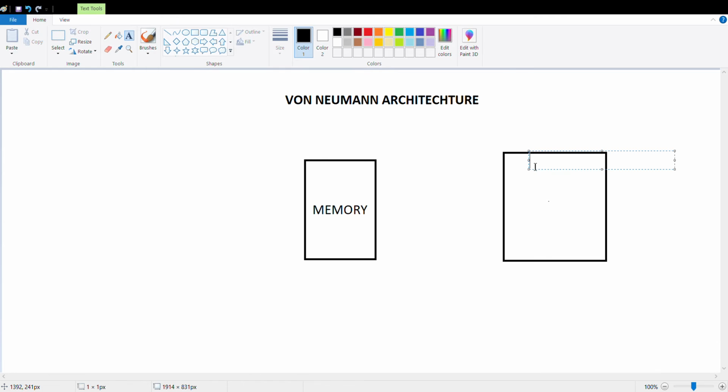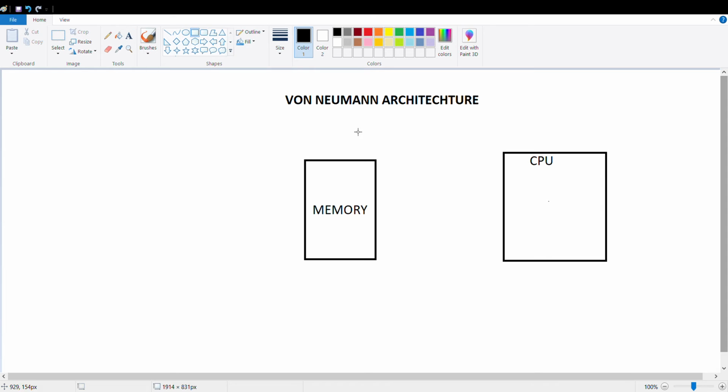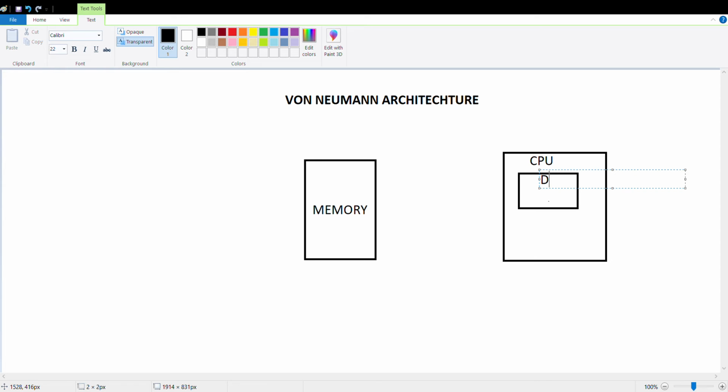This is the central processing unit, CPU, and in the CPU we'll be having different things, other units or boxes, that is the DPU. Let's see what the DPU is and what will be done by the DPU in detail. First let me draw it. So this is the DPU.